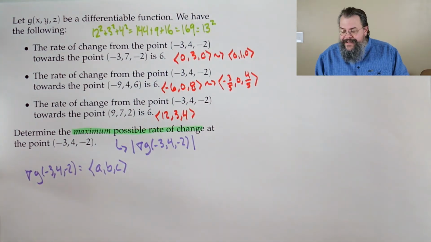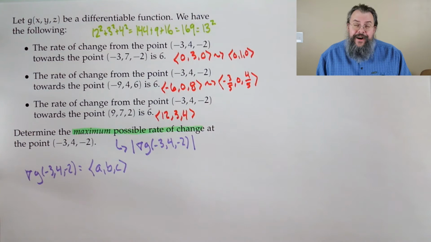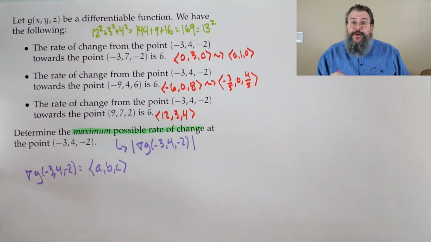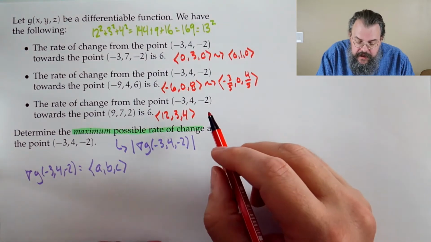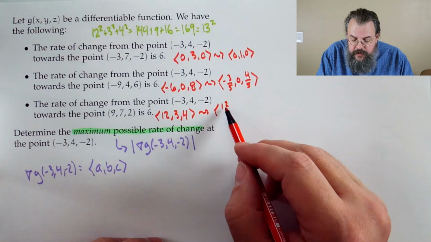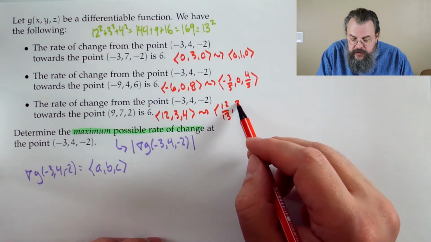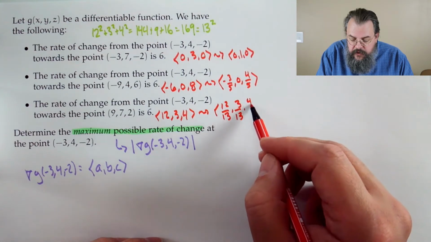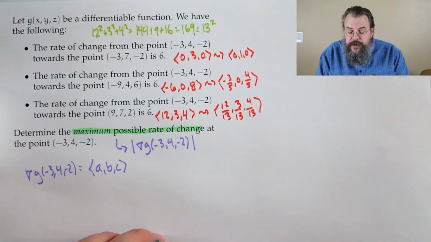Wow, they chose some nice directions. All our directions are pretty clean. So, well, scale by a factor of 13. So this is 12 over 13, 3 over 13, and 4 over 13. All right, that's our real direction.